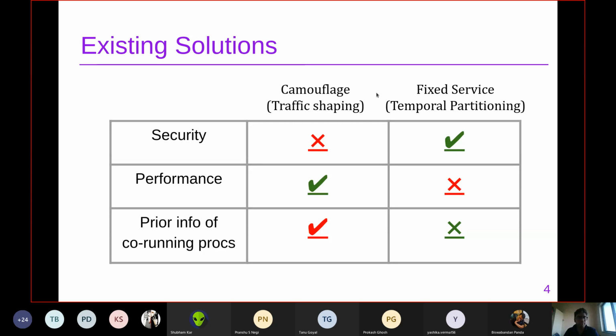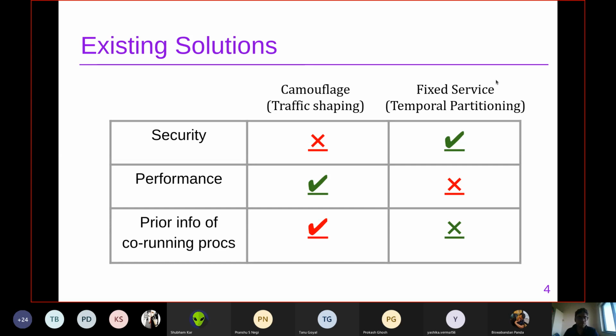Basically, we take the victim's memory access pattern and shape it into an access pattern which is indistinguishable to the attacker. In terms of security, it does not work for finely grained timing attacks. However, it is performant enough, but it does require prior information of the processes which will be simultaneously running with the process we want to protect, which is an undesired property.